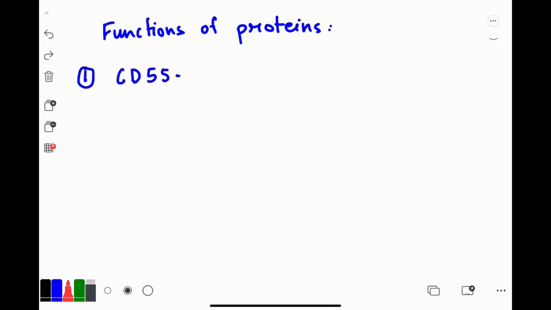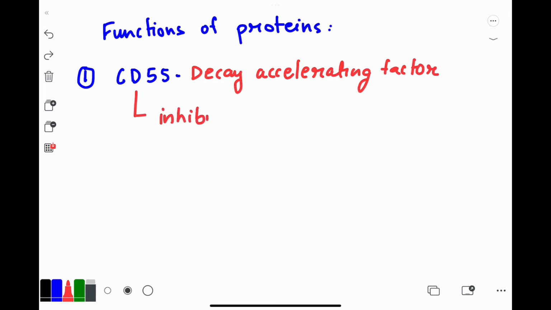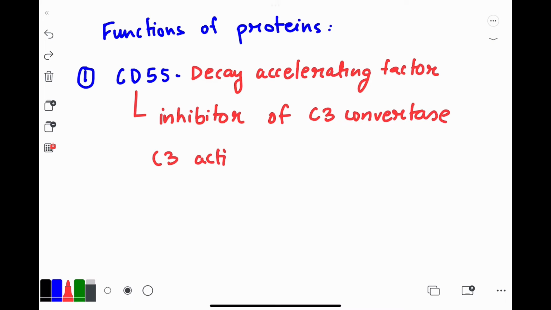CD55 is also known as decay accelerating factor, and it is an inhibitor of complement C3 convertase. What C3 convertase does is activate complement, and activation of complement results in lysis of the red blood cell. So CD55 prevents the activation, it inhibits the C3 convertase.